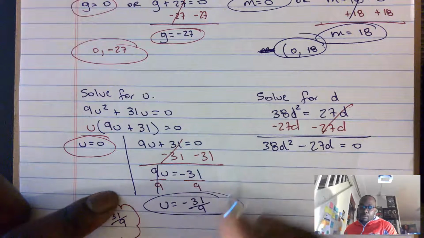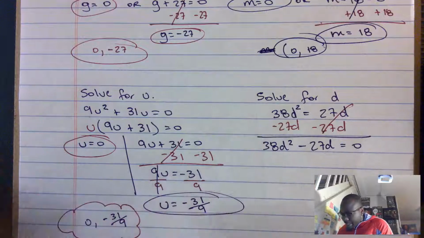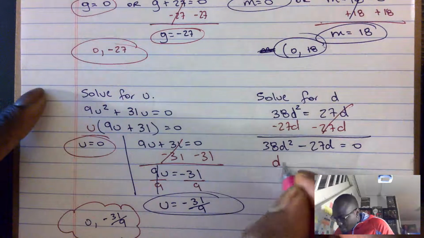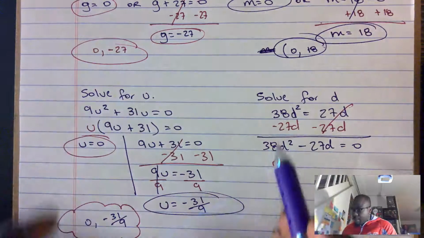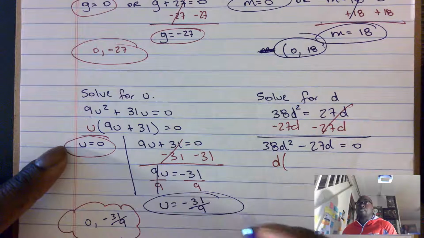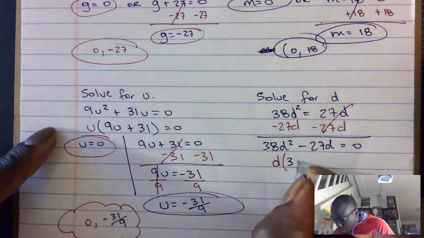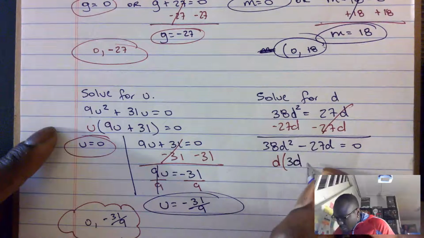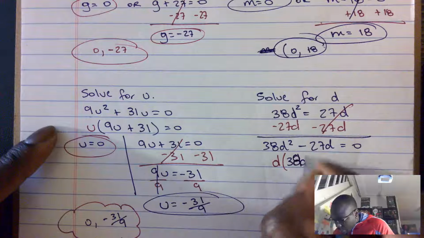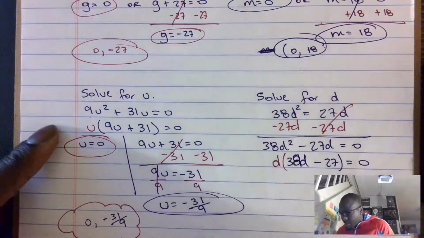I realize that I can factor out a d, but can I use the numbers 27 and 38? Do they have anything in common? Nope. So it's d times 38d minus 27 equals 0.